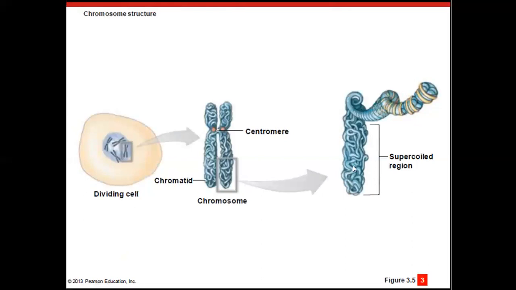So this would be 1 chromosome. And then that chromosome basically duplicates itself, but it stays connected at what's called a centromere. Think the center of this chromosome is a centromere. So this is 1 chromosome, and this is still 1 chromosome. It just has twice as much DNA, so it's duplicated itself. Each one of these duplicated chromosomes is called a chromatid.